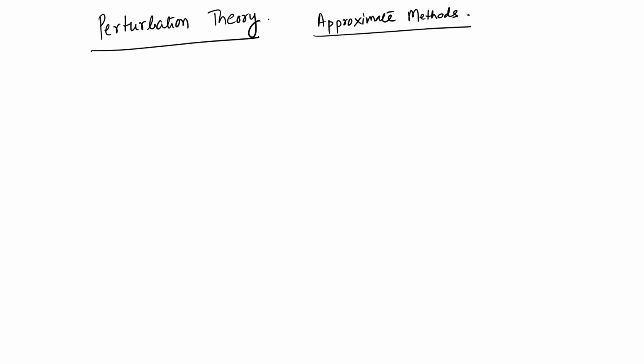How good that approximation is will depend upon how controlled the approximation is, and how well we can explain these situations as a limiting case, that is, when the perturbation goes to 0, whether we recover the results that we have obtained for the unperturbed problem.